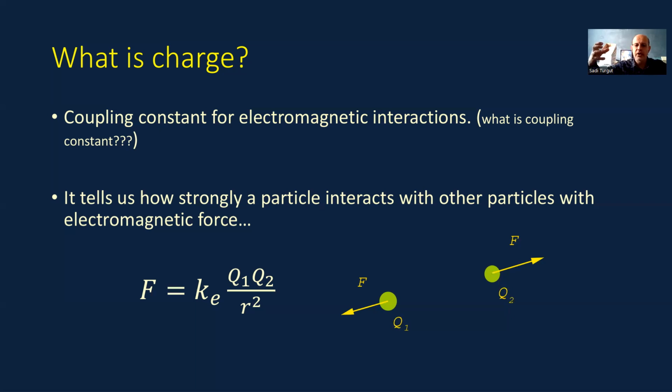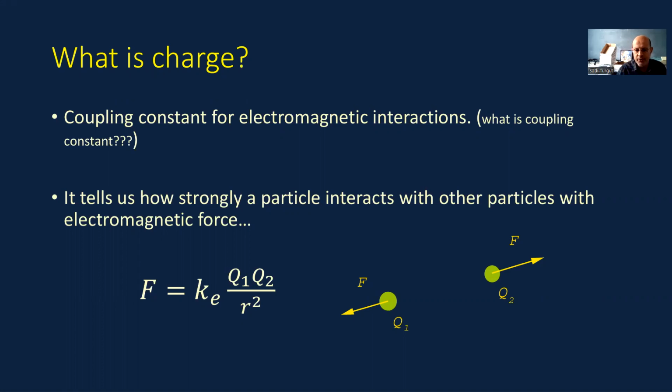They can interact, for example, through gravitational force, or strong force, or weak force, and with electromagnetic force, right? So the charge of a particle is essentially the coupling constant that tells us how strongly that particle interacts through electromagnetic force, right?